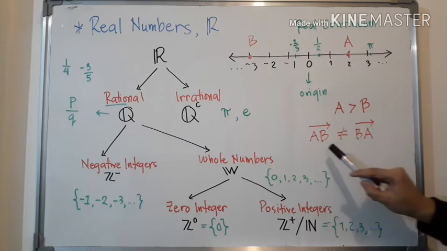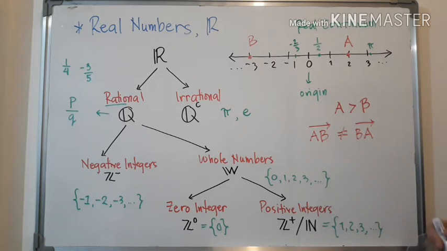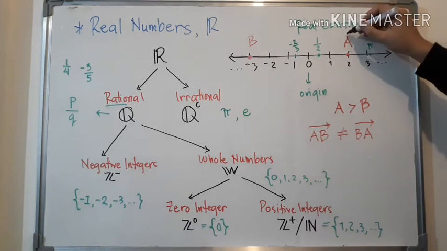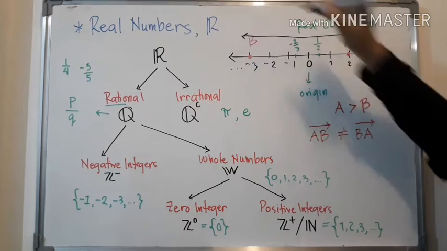This directed line segment AB refers to the direction of the line segment from A to B.